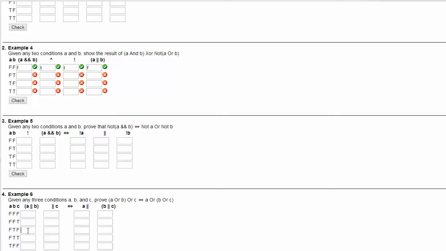Let's skip down here to where we've got a mixture of things going on. So A or B, right, on A or B is going to be true. And then you have a true or C. C is false, so that's going to be true because we have a true in there.